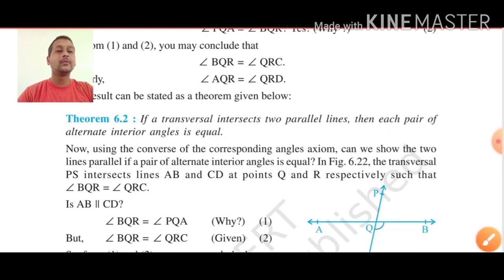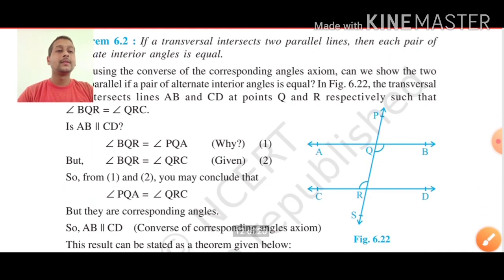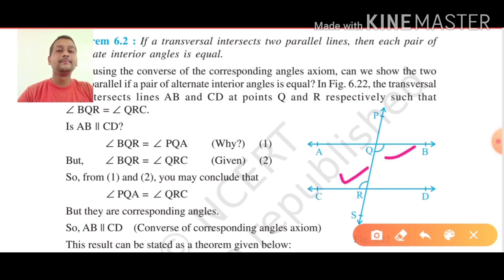If you look here, this angle and this angle is a pair of alternate interior angles. And if this line and this line are parallel, then the alternate interior angles are equal, or each pair of alternate interior angles is equal. Okay, this is the theorem.